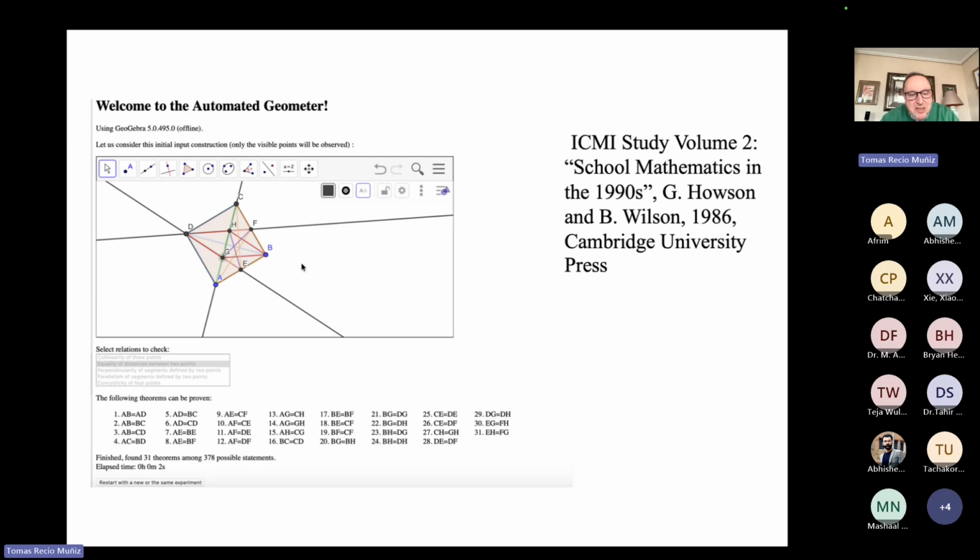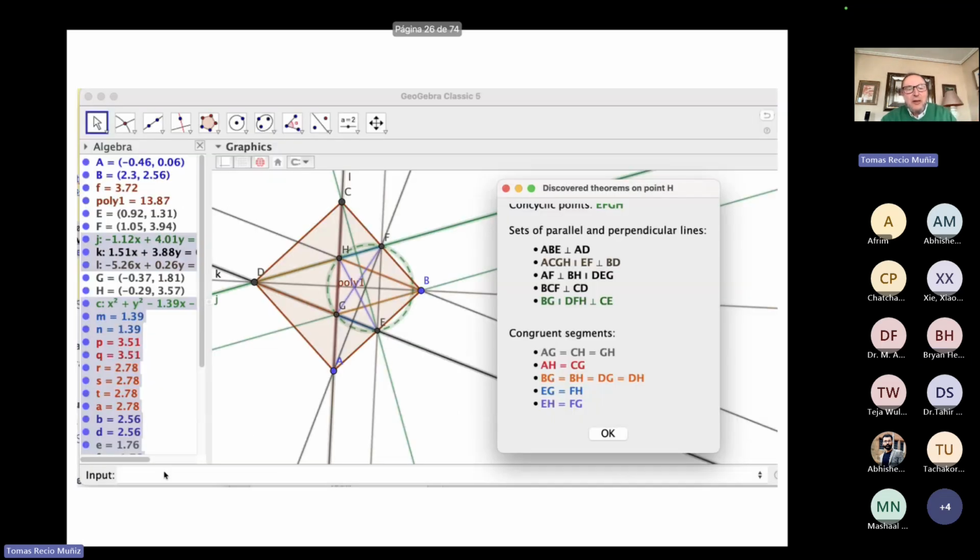In particular, the machine says that AG is equal to GH, for instance. So the machine is able to discover 31 theorems in 2 seconds. This is another way of using this automated geometer.